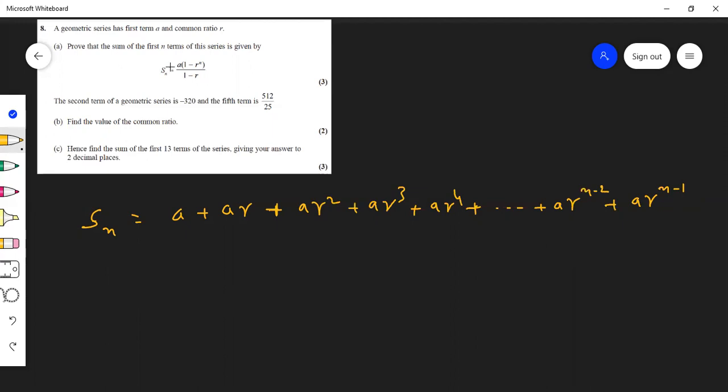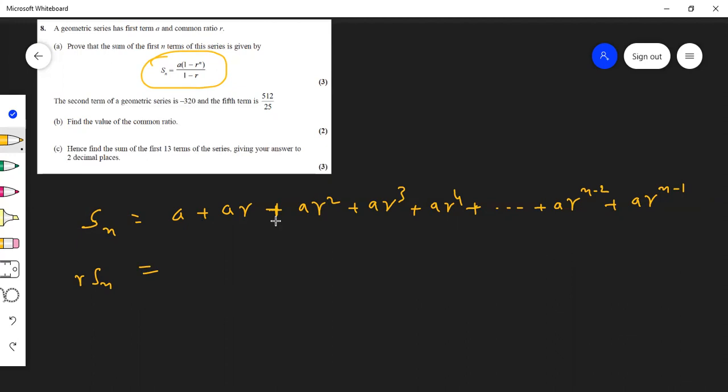To get this expression, we can multiply this equation, say equation 1, by r on both sides. So the left side comes r times Sn is equal to, I'll multiply a by r, so it will become ar.